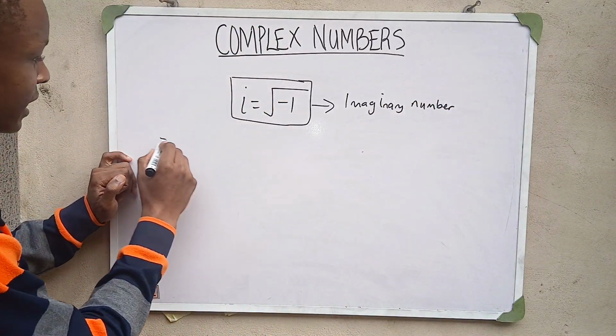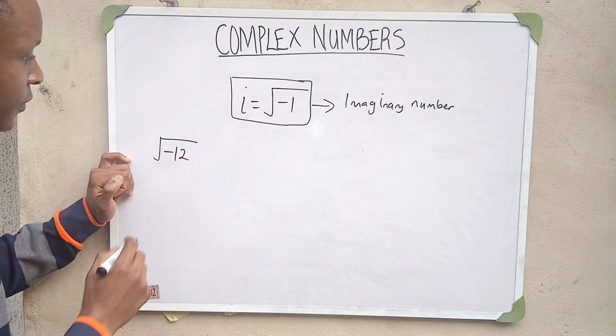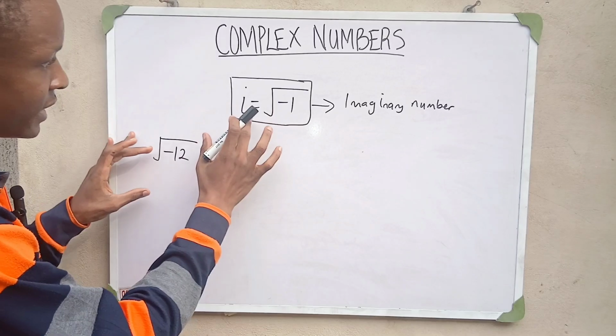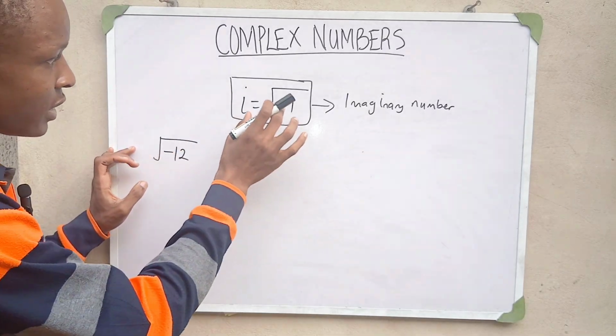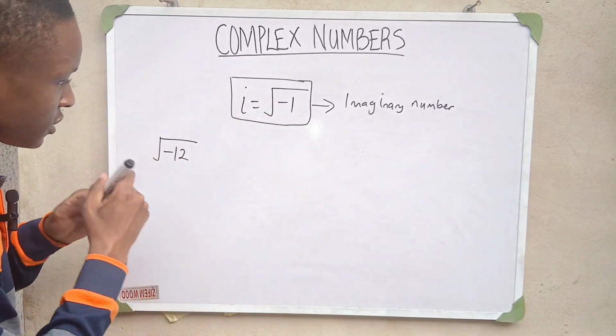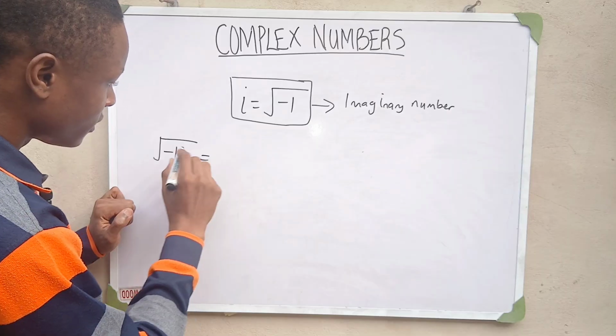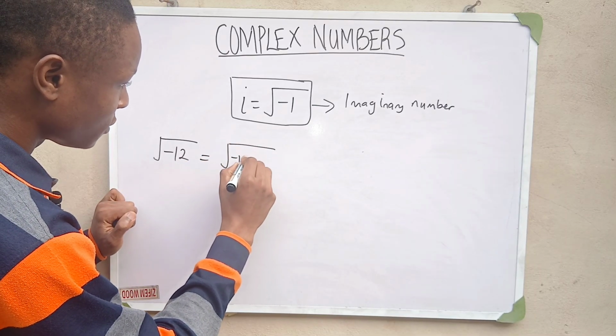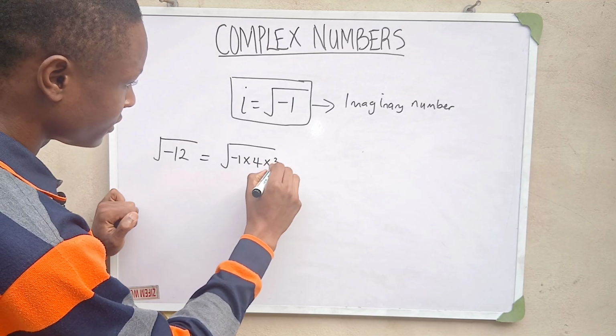So if we have something like square root of minus 12, we can simplify this in terms of i, because i is square root of minus 1. Square root of minus 12 is what? Square root of minus 1 times 4 times 3.